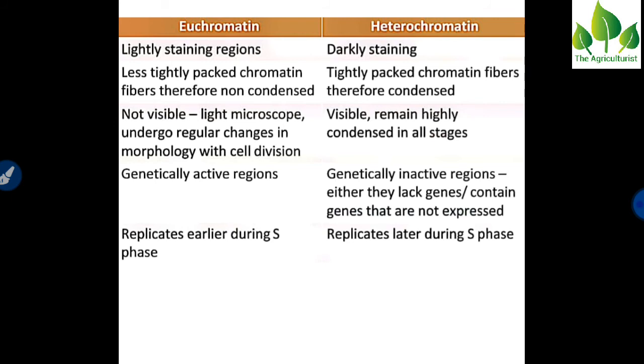It is not visible with a light microscope in euchromatin, which undergoes regular changes in morphology with cell division, while heterochromatin remains highly condensed and visible in all the stages, because there are no or fewer changes in it.